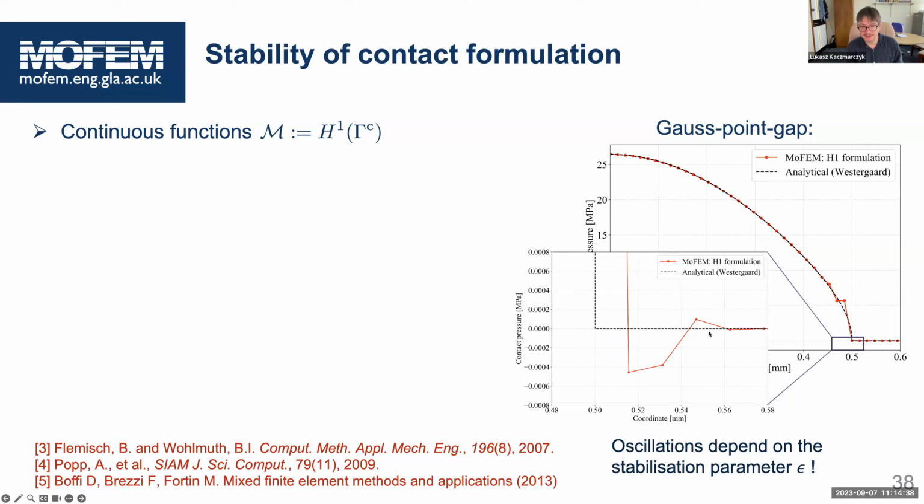That means that it's unstable. Of course, those oscillations depend on the stabilization parameter in some way, and then stabilization is a problem of robustness, and how to choose epsilon. For what epsilon, this stabilization parameter, are our results good.